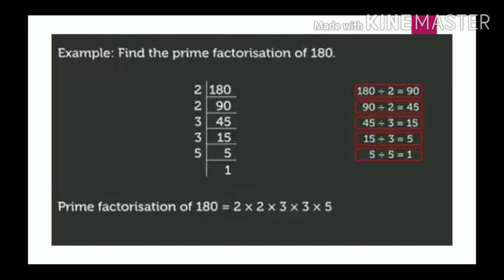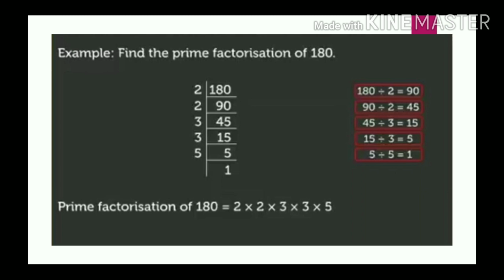See, 45 again we have to divide by the smallest prime number, but here 45 is an odd number, so it is not divisible by 2. So we take the next smallest prime number, which is 3, and 45 is completely divisible by 3, and we get 15 as quotient. We write 15 below the 45.